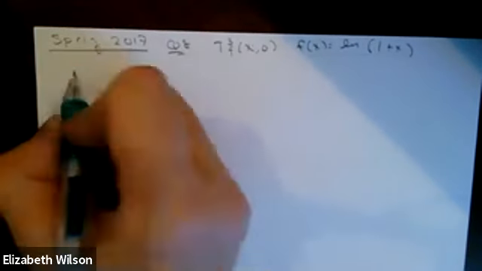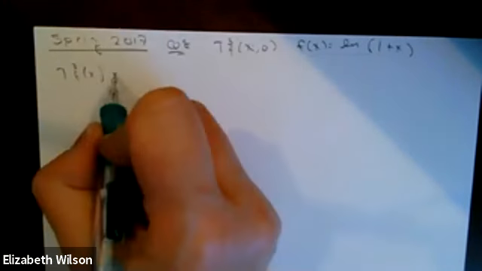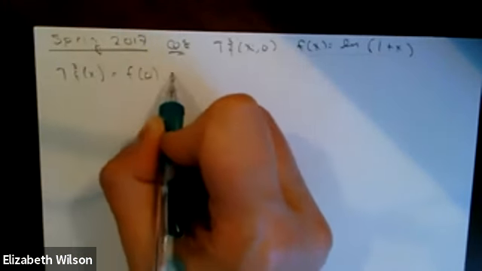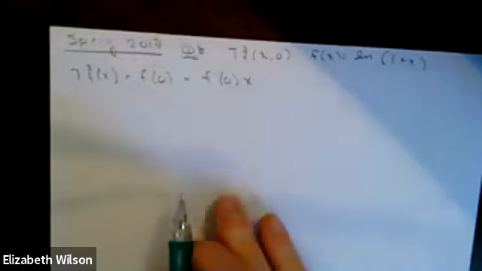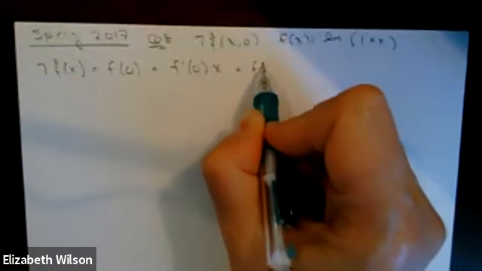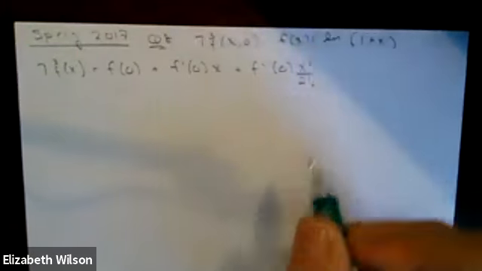So our Maclaurin polynomial is going to look like, I'm going to drop the 0 here. I'm going to take my function, evaluate at 0. Take my first derivative, evaluate at 0, times x to the first power. Plus my second derivative, evaluated at 0, x squared all over 2 factorial.